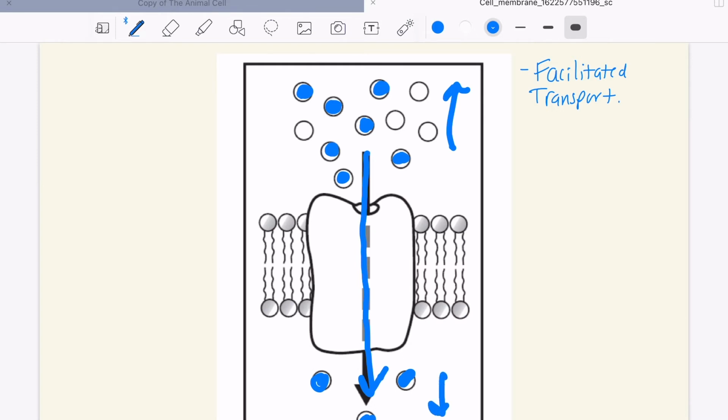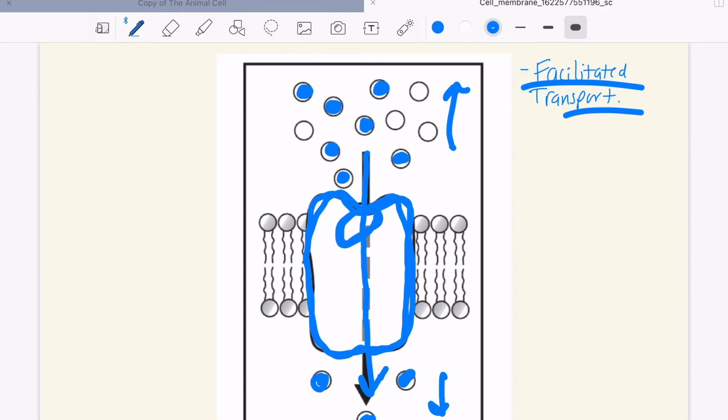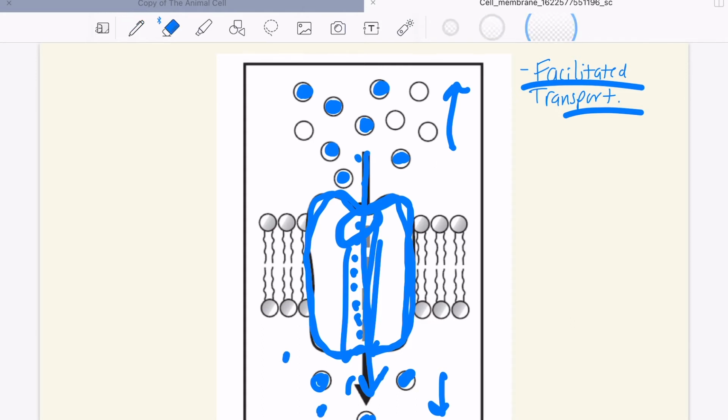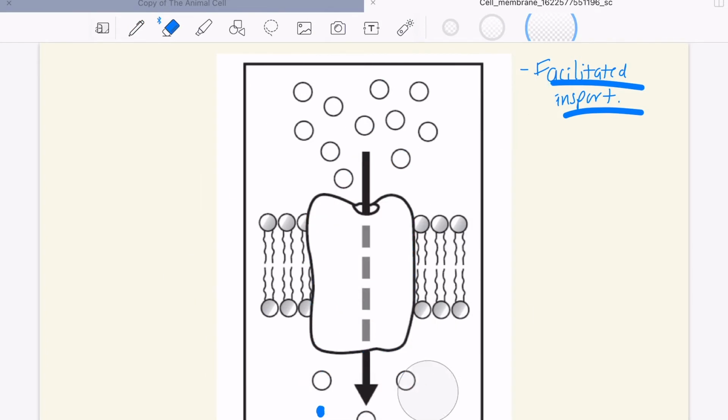But the reason why it's facilitated transport is because it is getting the help of this protein channel, what we labeled before. And there is a hole in here that lets these molecules pass through and get to the inside of the cell. So this is called facilitated diffusion, when molecules go from high concentration to low concentration.